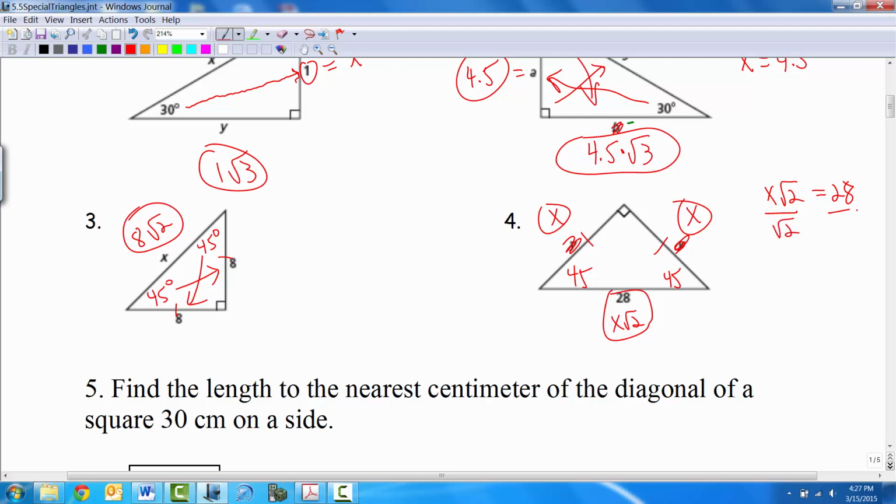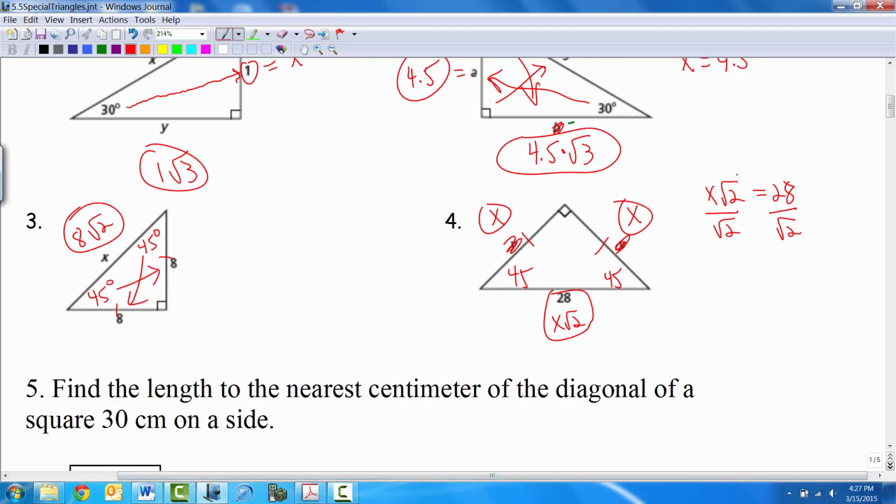Next thing that's weird, this is a little bit of Algebra 2 that you should be aware of, depending on what level you end up teaching in grade school. You have to divide both sides by root 2. Then you have to do this fancy little thing that's called rationalizing the denominator. So what you do is you multiply this, which is actually equal to 1.